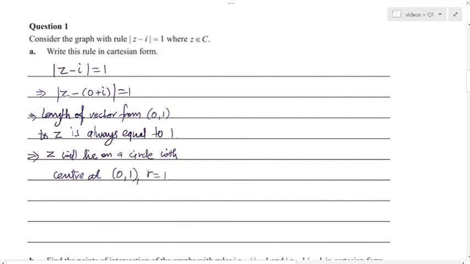So I can draw the diagram as well. Here we see this is my point (0, 1). You call it (0, 1), or if you look at the Argand plane, then this is my vector iota, and from here z is always at a distance of 1. That's what it's going to look like. This will be 2, and that's the (0, 0) there.